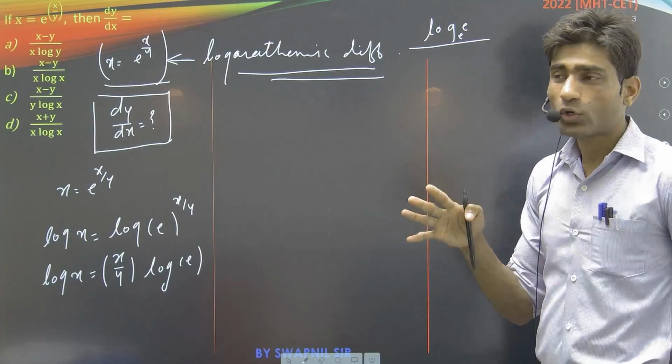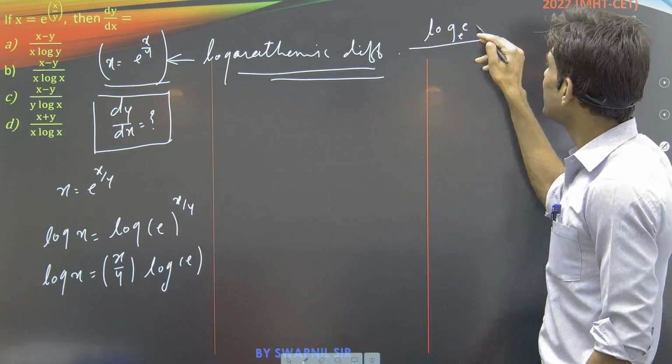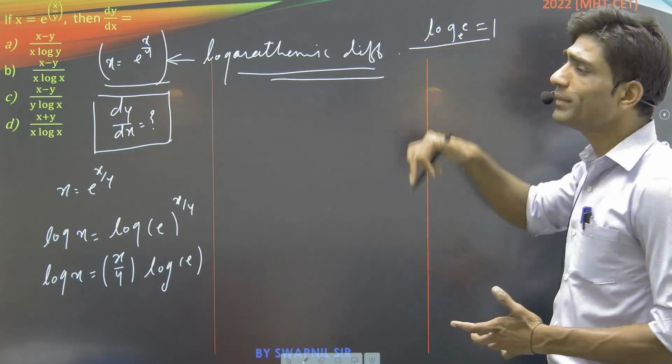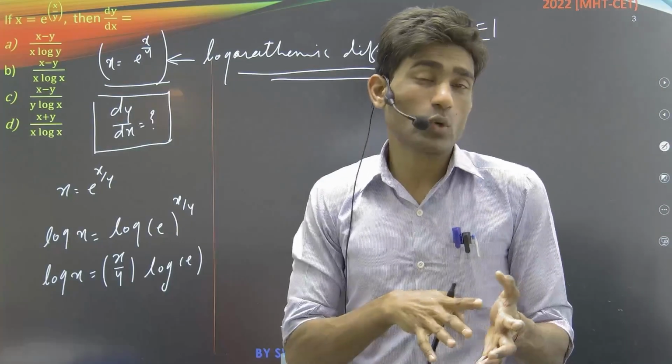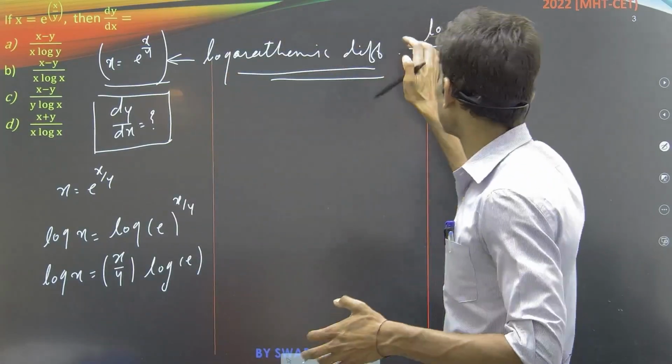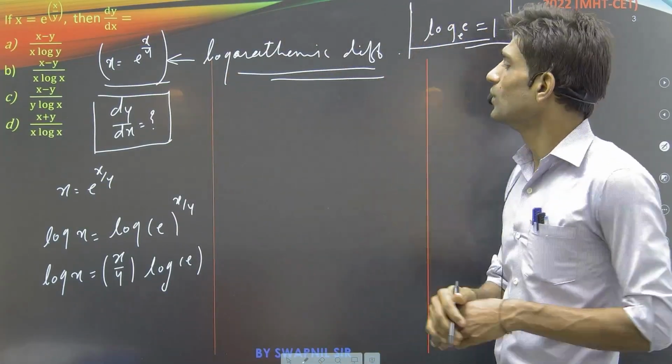Log to the base e of e always gives us the value 1. Or you may take it that when the logarithmic term comes next to the exponential term, it gives us the value 1. That means log e always gives the value 1 here.